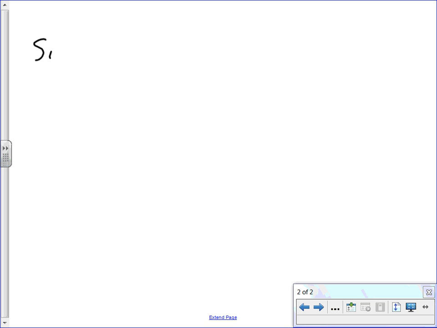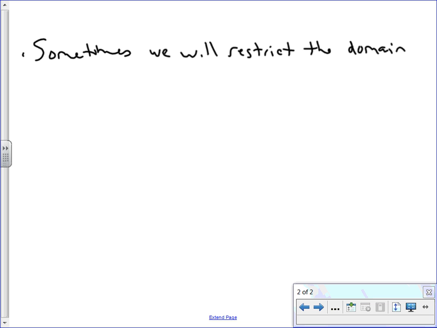Okay, so what we do when we have a function that fails the horizontal line test, sometimes we will restrict the domain of whatever this given function is, of f, so that its inverse will be a function.